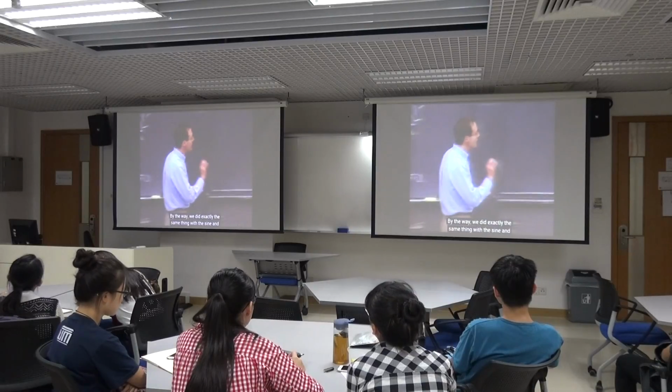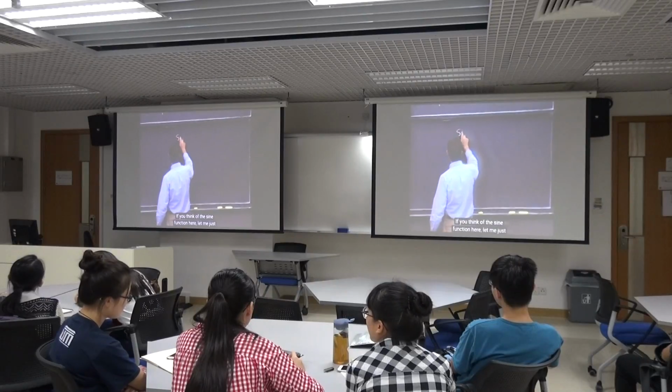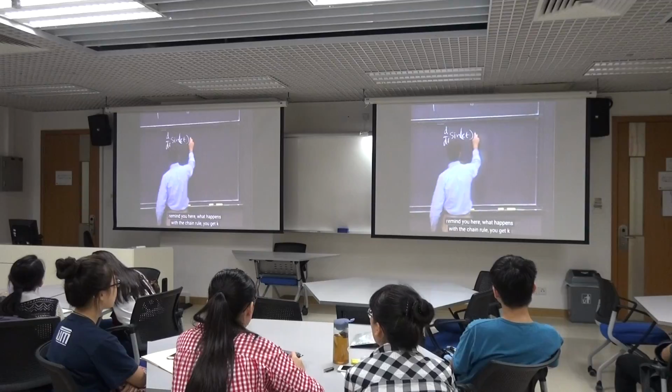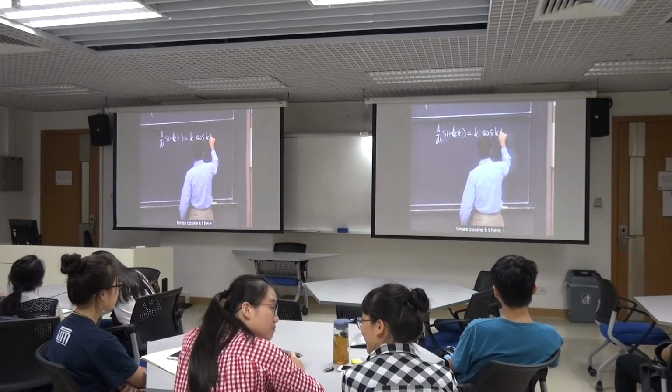By the way, we did exactly the same thing with the sine and cosine function. If you think of the sine function here, let me just remind you what happens with the chain rule: you get k times cosine kt.